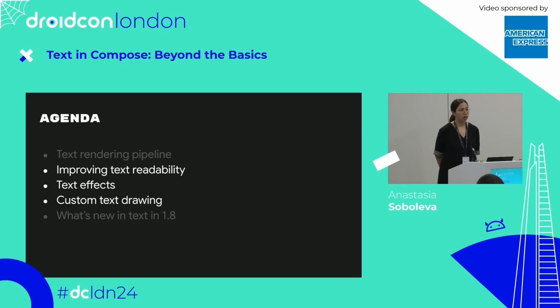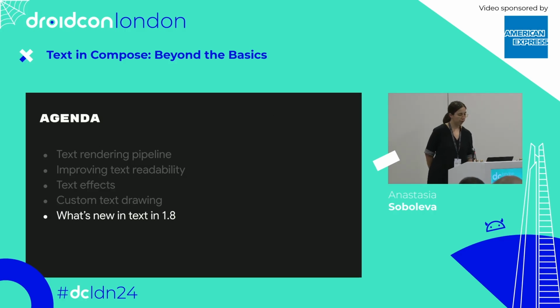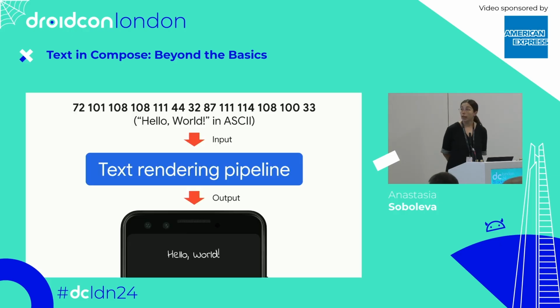Then we'll have a look at a few APIs that you might find useful in your next Compose application that will help you with readability across different contexts, like locales and different form factors, as well as how to add some text effects and do custom drawing of the text. This will be a large section because we're going to cover quite a few. And then finally, I'll give you an overview of what is coming in Compose 1.8 in terms of text APIs and improvements. Okay, so let's begin.